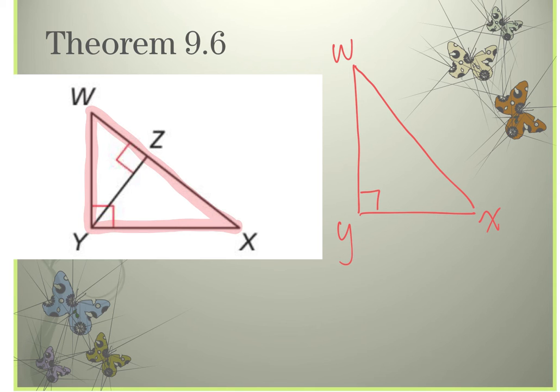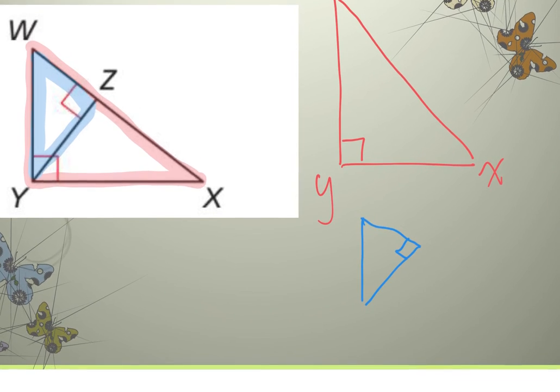Okay. Now, let's draw also the really small one in here. Do you guys see that one? Go ahead and draw it with a different color. It looks kind of like this, and there's a 90-degree angle here. What are the letters?